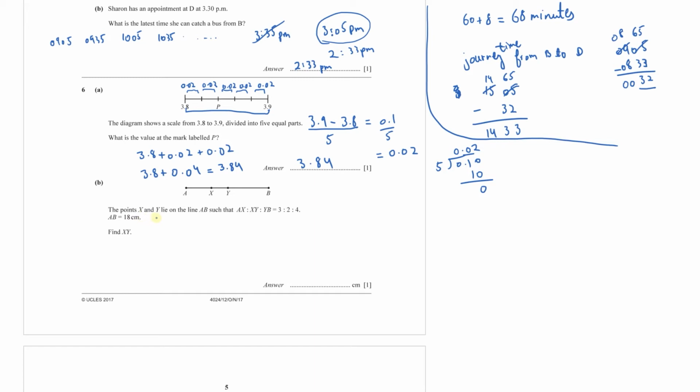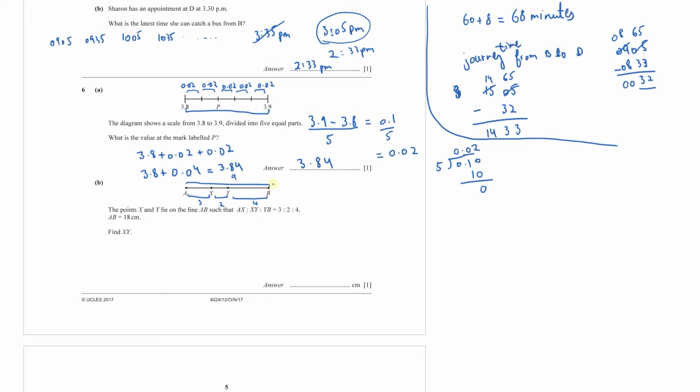The points X and Y lie on the line AB. So this is your line AB, such that the ratio AX to XY to YB is 3 to 2 to 4. So this is divided into parts. So first is 3 parts, the second one is 2 parts, and the last one is 4 parts. So if this whole length is 3 plus 2 is 5, 5 plus 4 is 9.